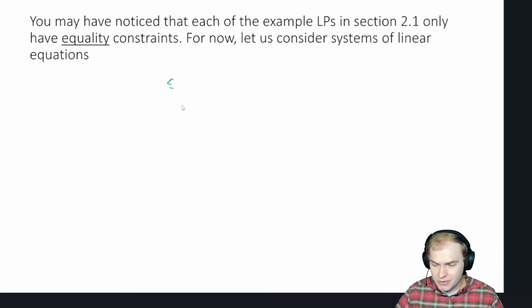So for now, we're just going to accept that this math we're going to do now can only be done on systems of linear equations. And then in the next few lectures, we're going to poke and prod at our feasible regions, at our polyhedra, and try to get them to work with this math.